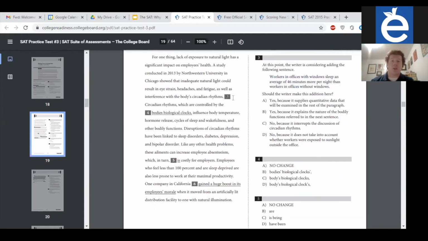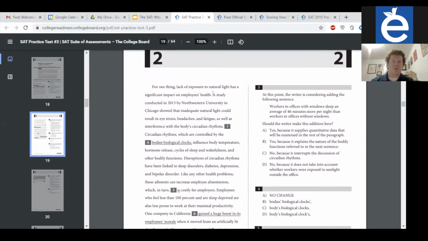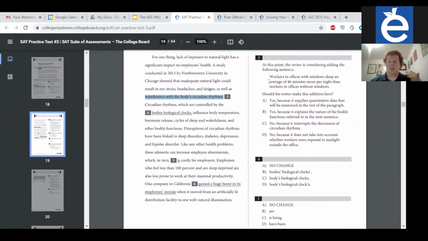Looking at where we would include it right there, we can start with the sentence before and go through to the sentence after. A study conducted in 2013 by Northwestern University in Chicago shows that inadequate natural light could result in eye strain, headache, and fatigue, as well as interference with the body's circadian rhythms. Okay. Workers in offices with windows sleep an average of 46 minutes more per night than workers in offices without windows.